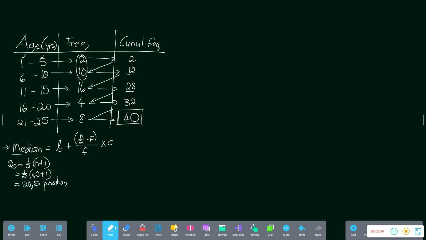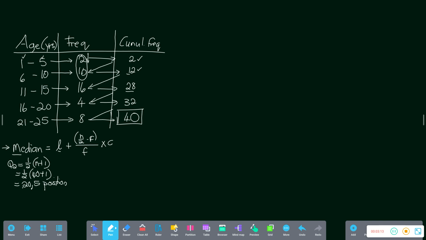Then I go to my cumulative frequency and I say, where is this 20,5 position? Here I'm only representing 2 positions. Here, 12 positions. If we look here in the frequency column, here I have 2, here I have 10, so altogether it's 12.